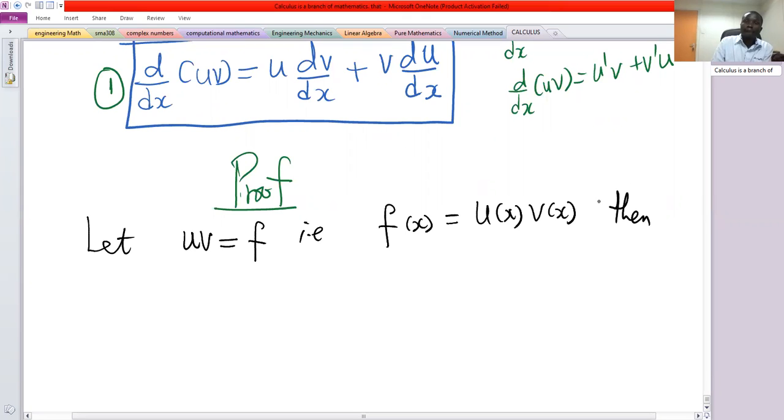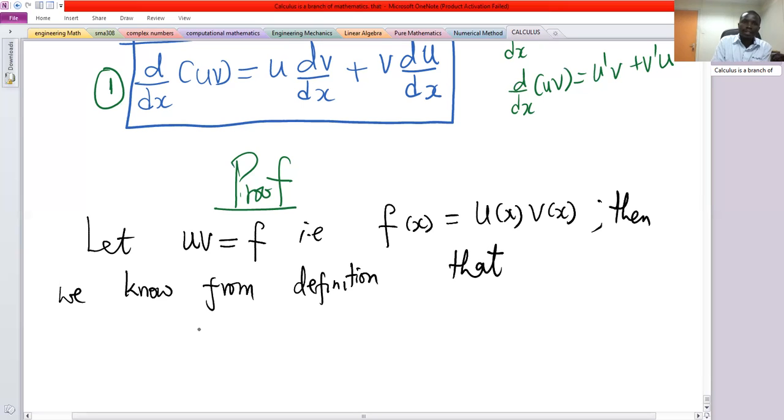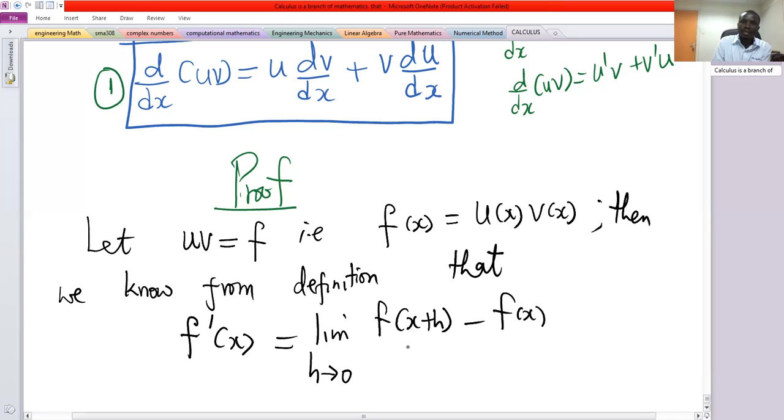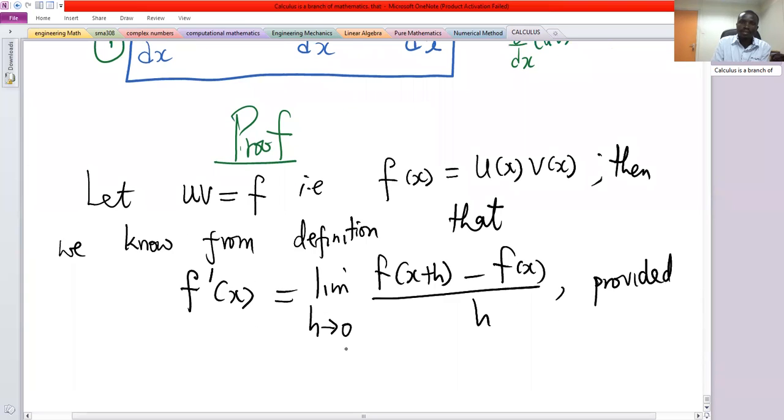Then we know from definition that f prime of x is given by the limit as h approaches 0 of f of x plus h minus f of x, divided by h, provided that this limit exists.